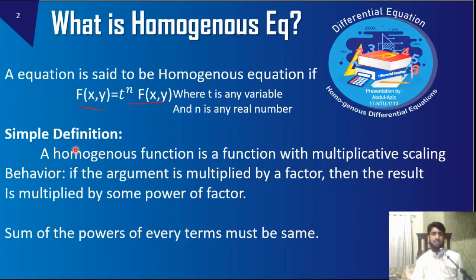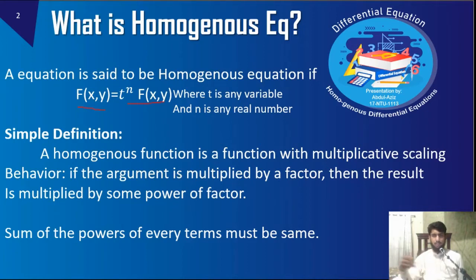A simpler definition of a homogeneous equation is: a homogeneous equation is a function with multiplicative scaling behavior. If the argument is multiplied by a factor, then the result is multiplied by some power of that factor.